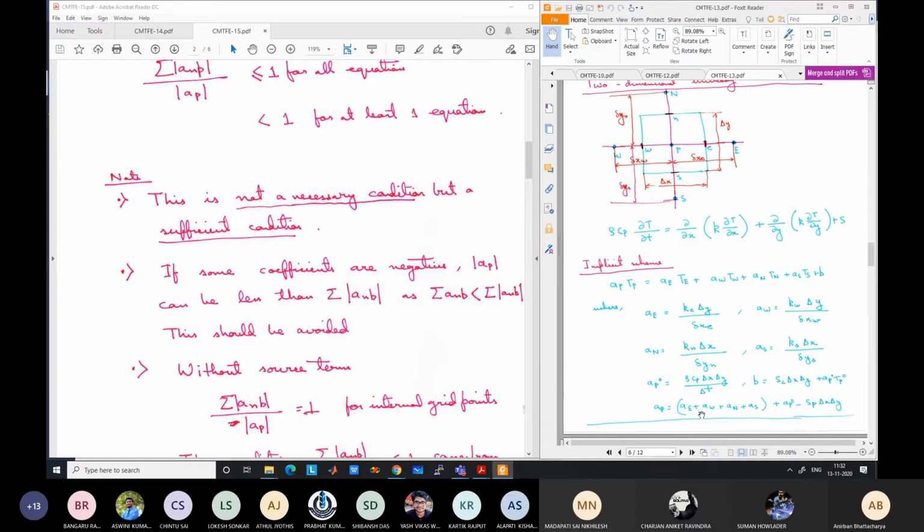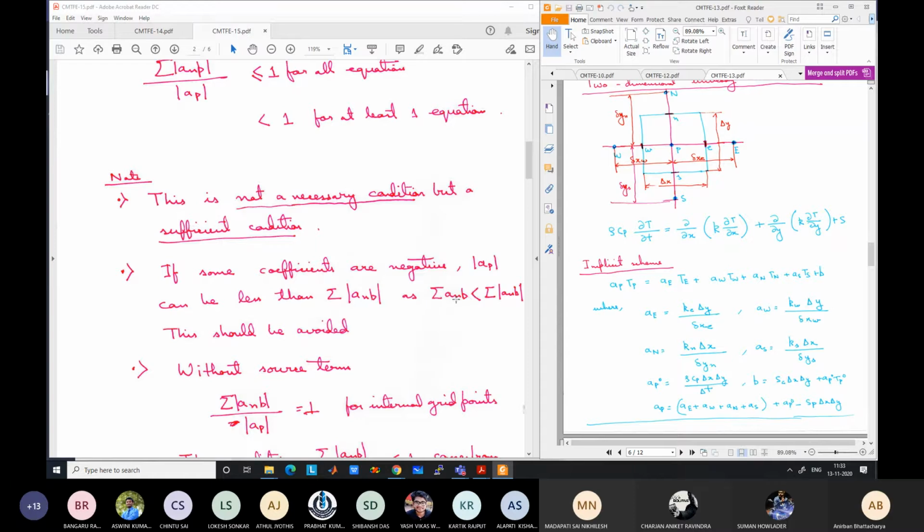So in that case, if you take a very simple problem and some of the coefficients are negative, say for some reason, actually it cannot be negative the way we have this defined, but hypothetically if they were negative, then the sum of these, which would have been equal to AP, would have been less. So the summation of A and B would have been less than the summation of mod of A and B, because some terms are negative.